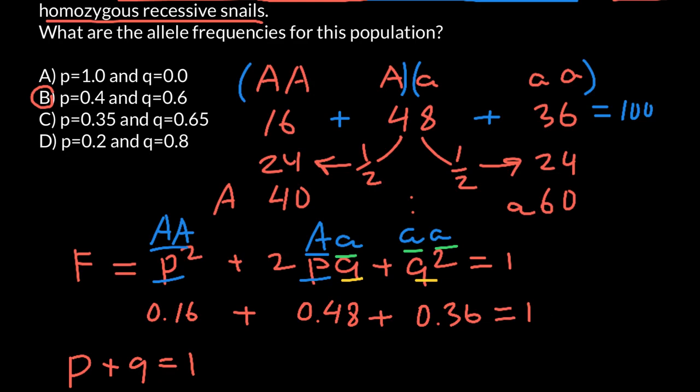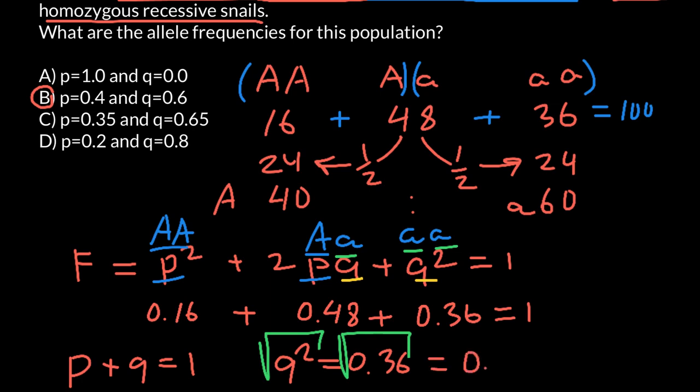So frequency of Q squared is 0.36, and that means that to find the frequency of the allele Q we just have to take the square root. So it's going to be 0.6.